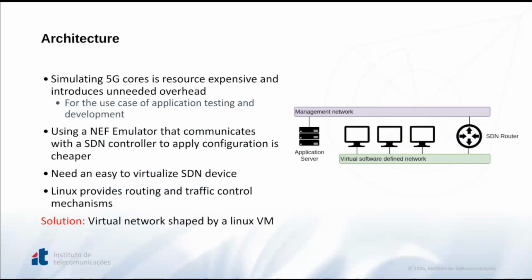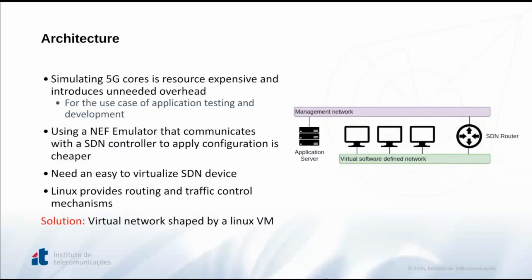Let's now talk a bit about the architecture. The most straightforward way to emulate how a network behaves is to effectively run a network using either an open source 5G core and a simulated RAN. However, this is quite expensive in terms of resources and computation and bandwidth, and it adds quite a bit of overhead.